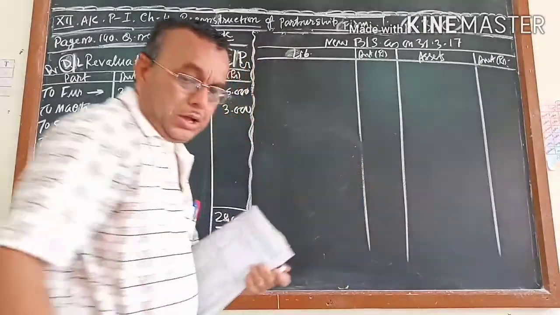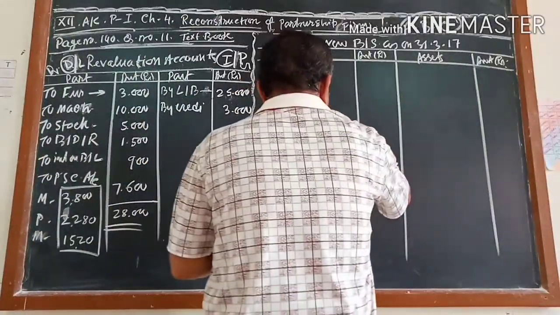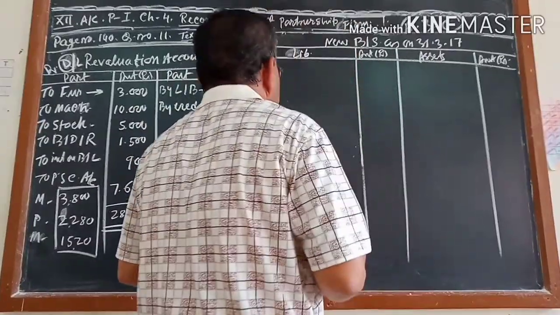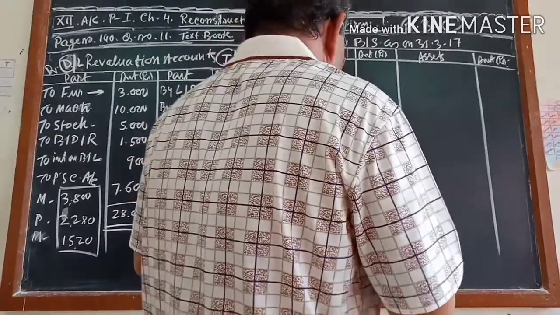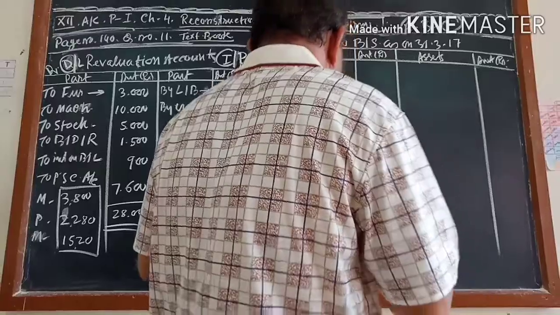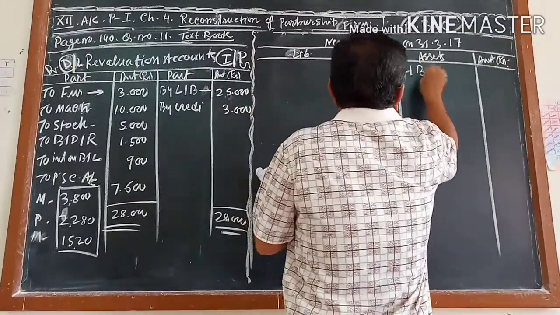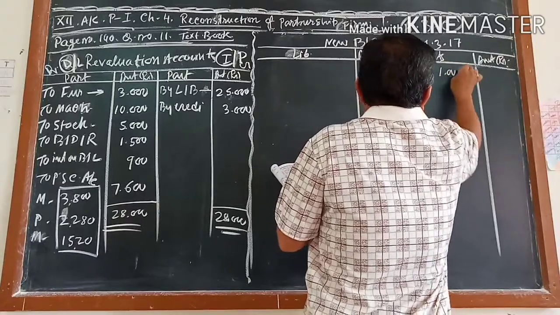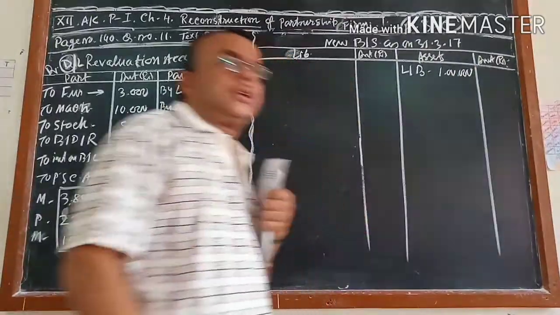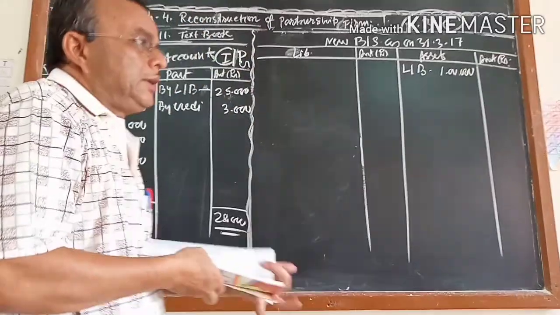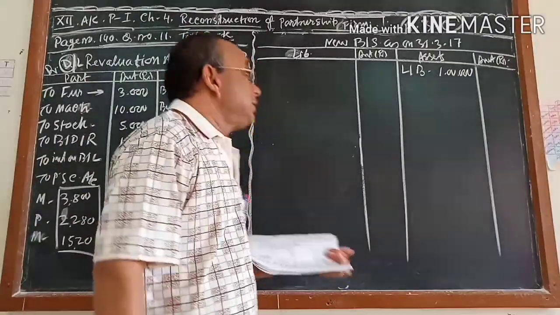Now we will do the new balances. Old balances you know, now we are going to do the new balances, one by one. What is the change which is coming? First is land and building. If there is a change, you will write the amount in the inner column, and whether it is increasing or decreasing, that also you will write here.